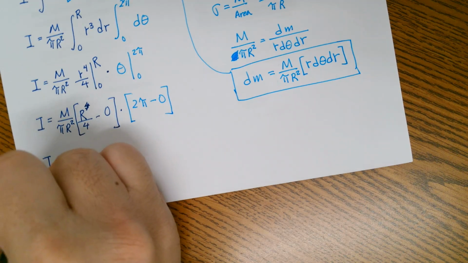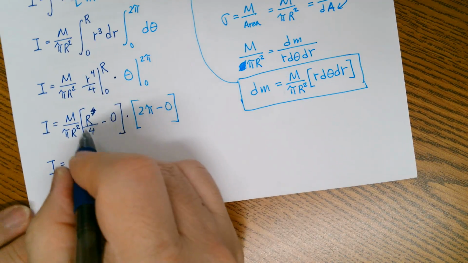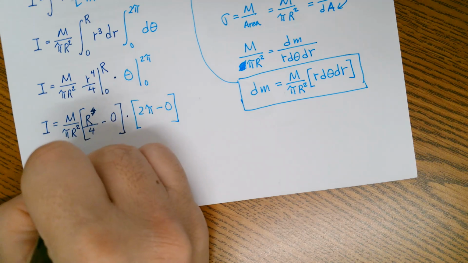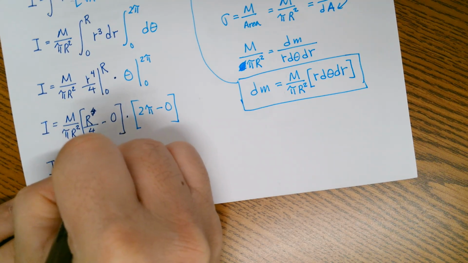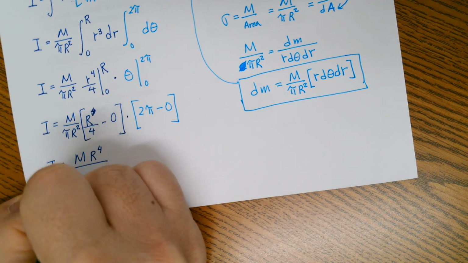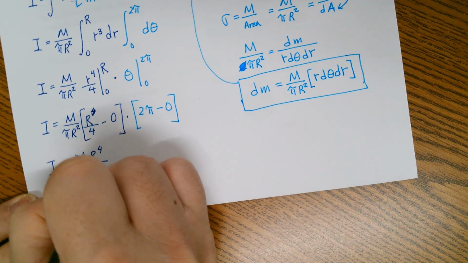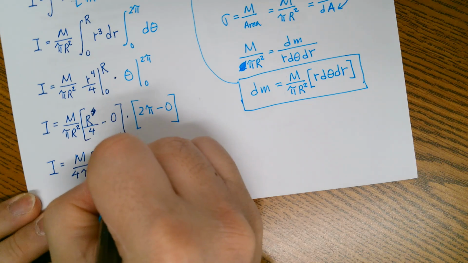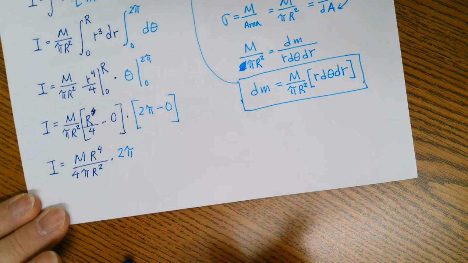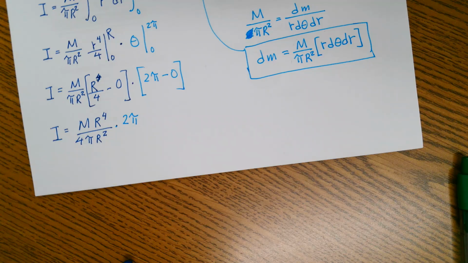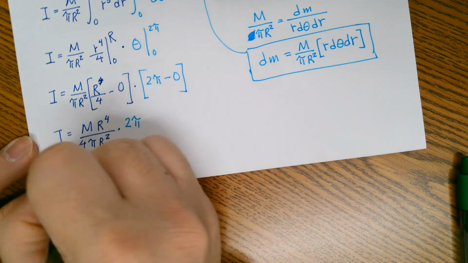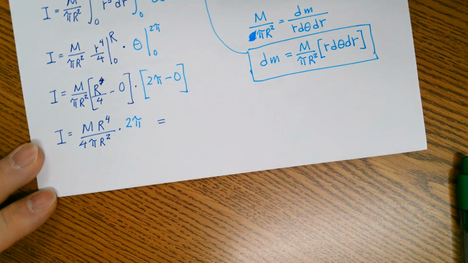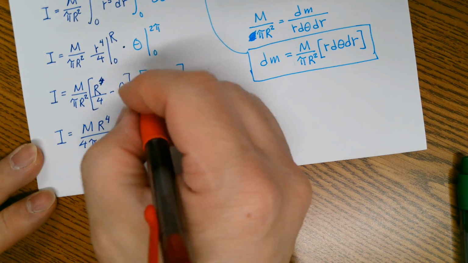Therefore, this becomes m r to the fourth over 4 pi r squared times 2 pi. Now we're done. Notice how the pi's cancel out nicely.